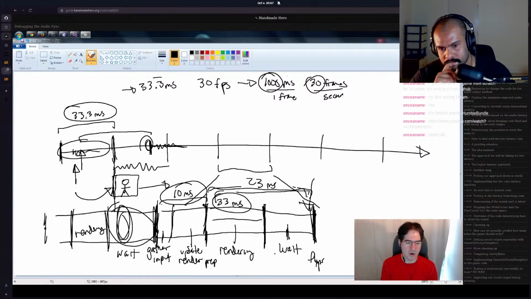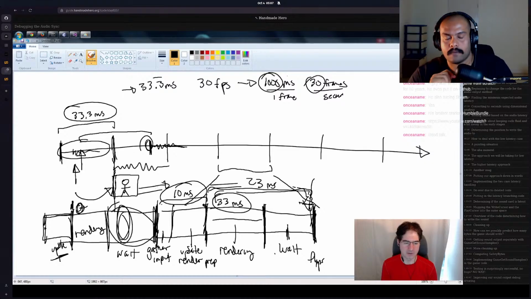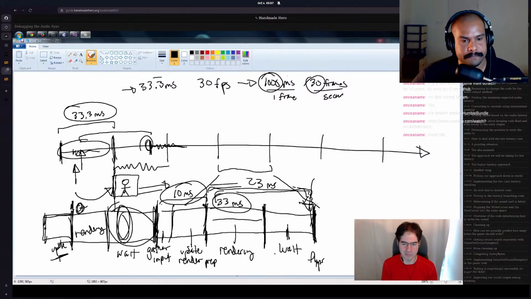Well, that means all the way back here, if we look at what the time was, right after we did the update, where we could have known what the sound was going to be for the next frame. If we go all the way back here and look at that, if we were to output the sound right here, on the previous frame, we could have been only one frame behind, right? If we did everything exactly right, we could have been only one frame behind.